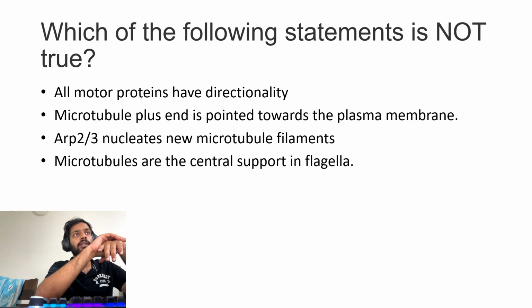Which of the following statements is not true? Option, sorry, your voice got cut. Can you repeat that again? Option B. Microtubule plus end is pointed towards the plasma membrane. You think that's the incorrect option?